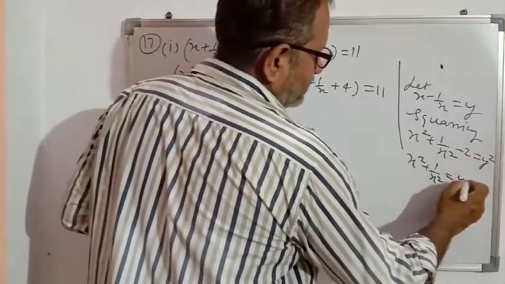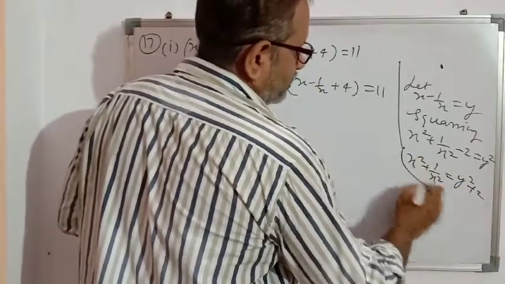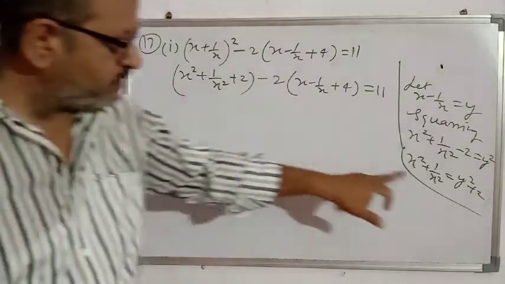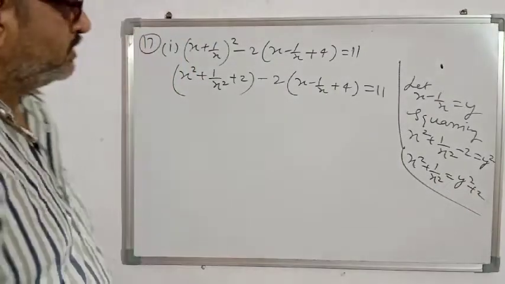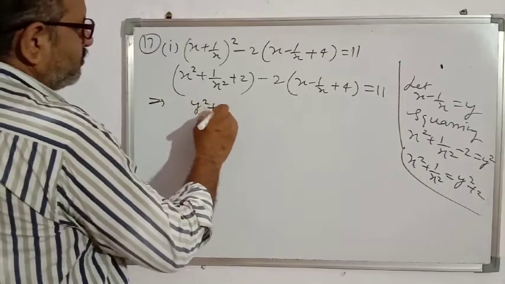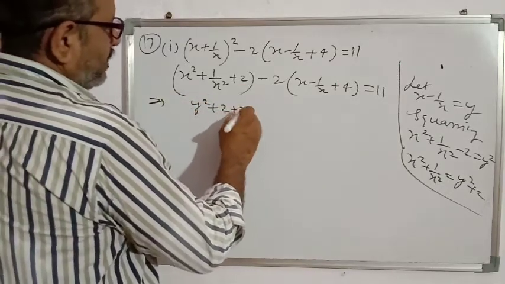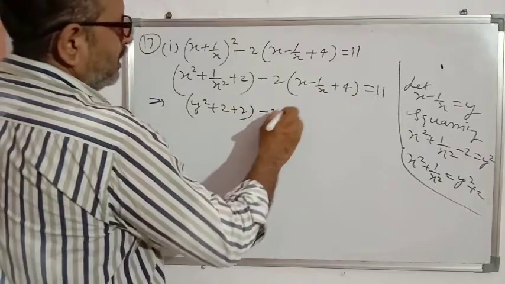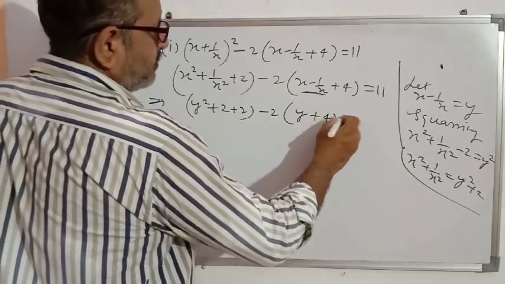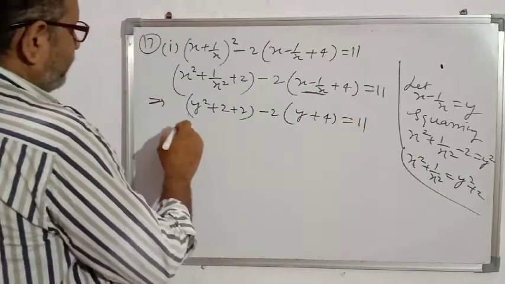Transpose minus 2 to the right side: y square plus 2. So in place of x square plus 1 by x square, we will write y square plus 2. So here, y square plus 2 again minus 2 times (x minus 1 upon x, it is y, plus 4) is equal to 11.